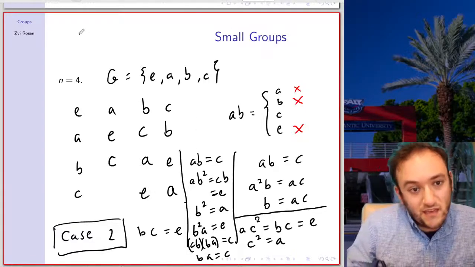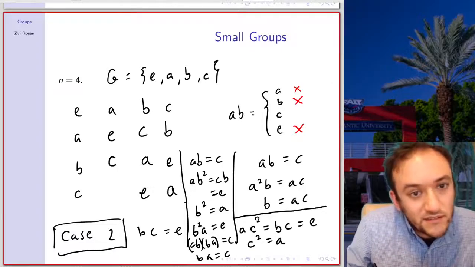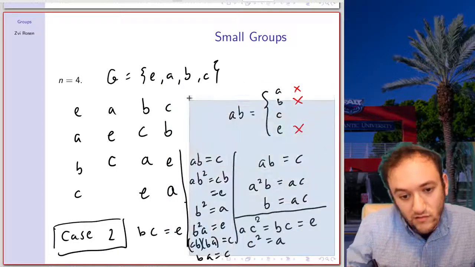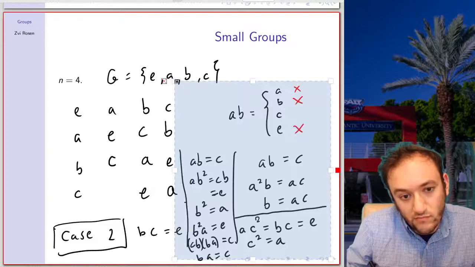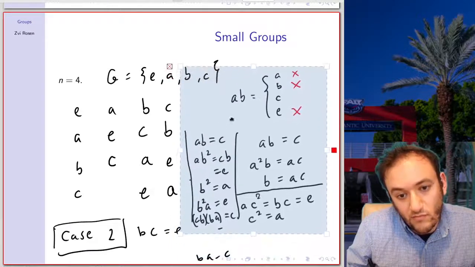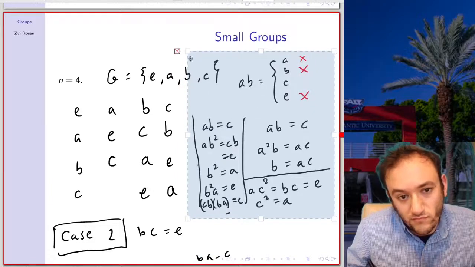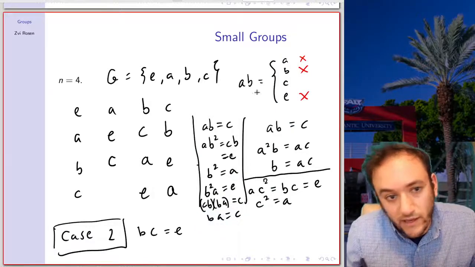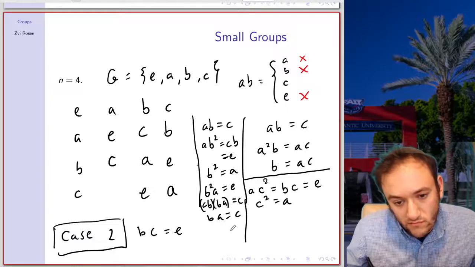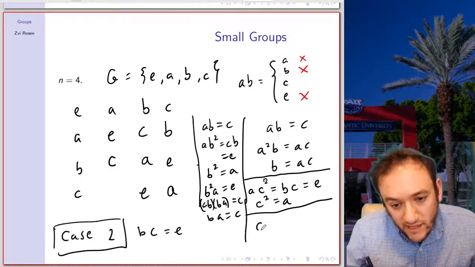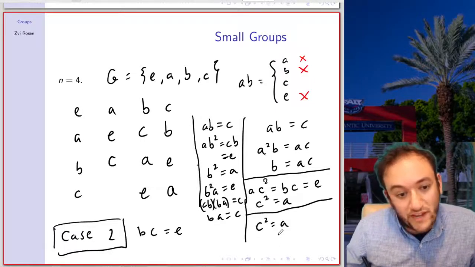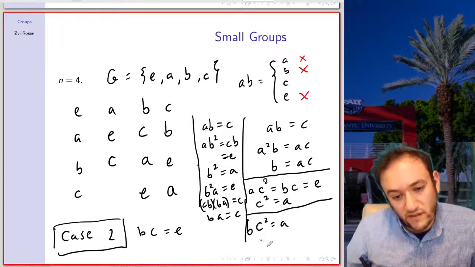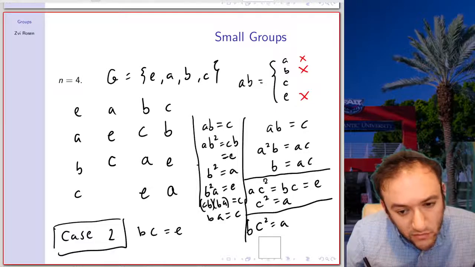Because C squared equals A, we want to get CA.